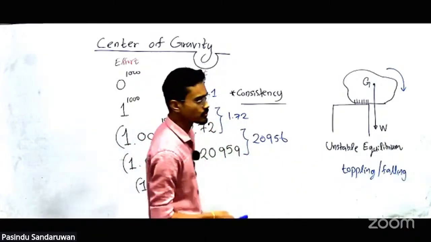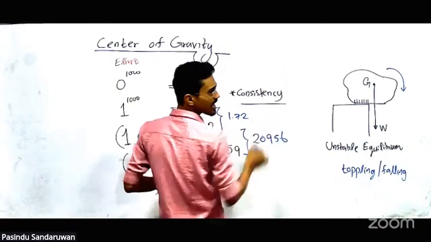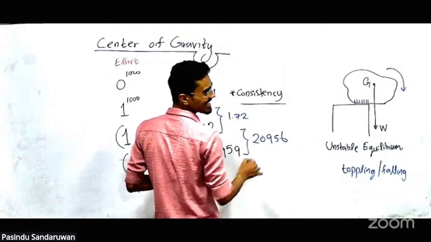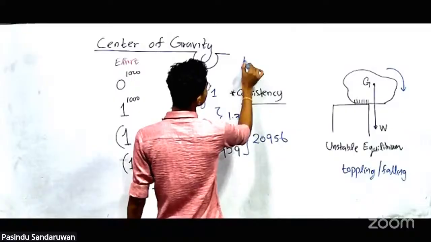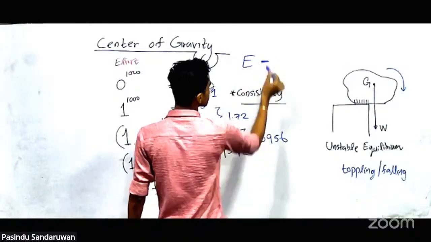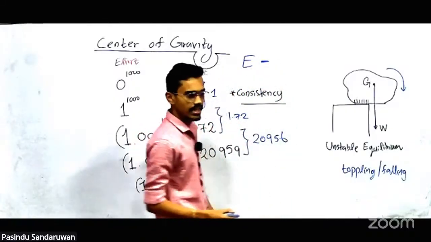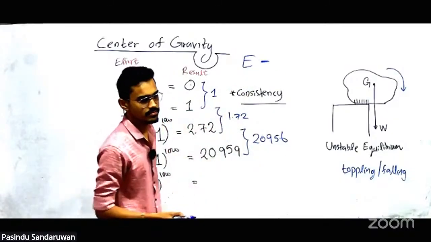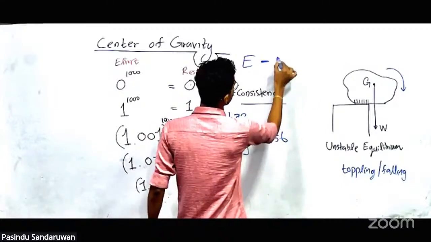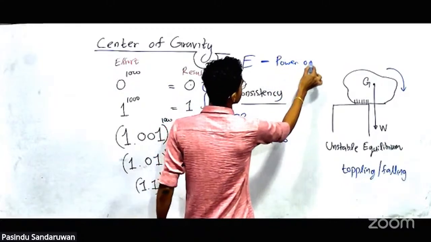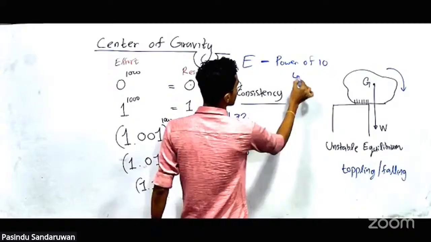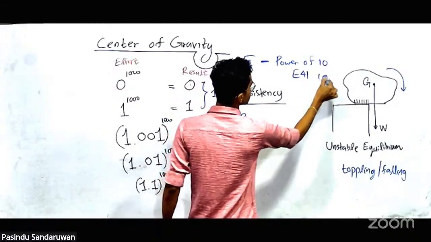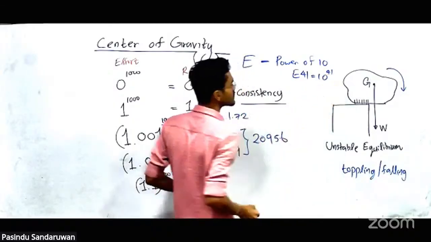Now, if you are getting E 41, that refers to 10 to the power 41.